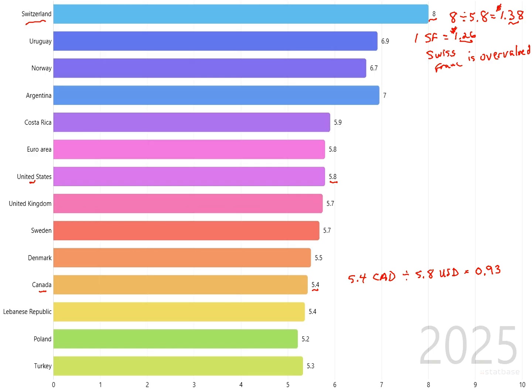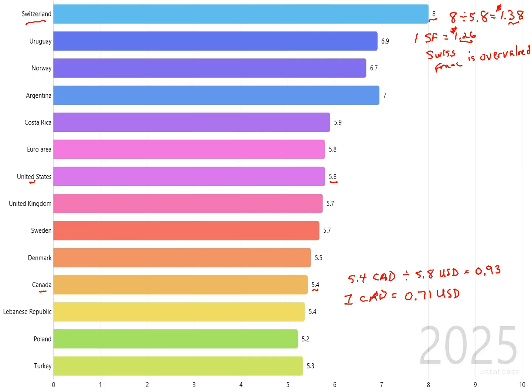Now, if we go look on a website and find out what the current exchange rate is, well, according to a financial website, the current exchange rate is 1 Canadian dollar equals 0.71 or 71 cents USD.